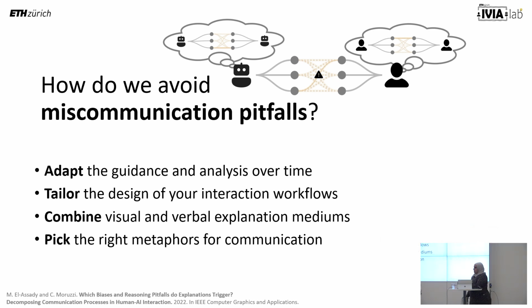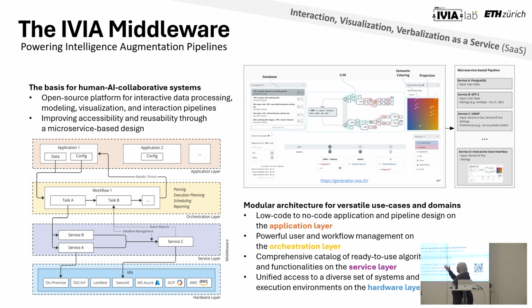All right, so the tools that I just showed you usually take up like a year or so to create, every one of them. It's very, very elaborate to try to create these types of interfaces and also allow them to adapt in real time and give feedback back to the model. So what we're doing right now is taking all of the lessons learned from designing all of these tools, and we're creating what we call our middleware that allows us to break down every one of these processes into individual services that are run on different servers.